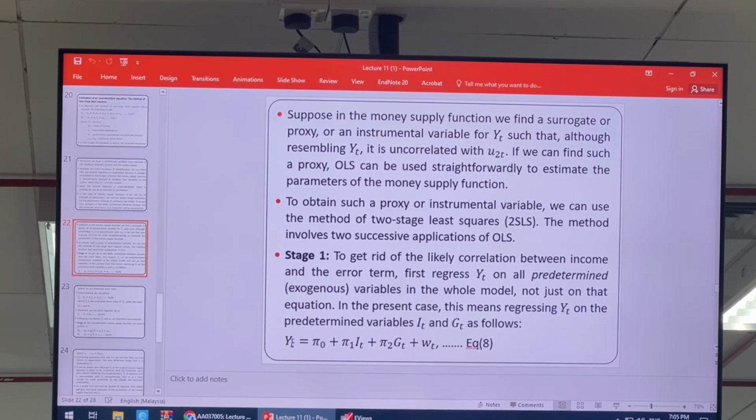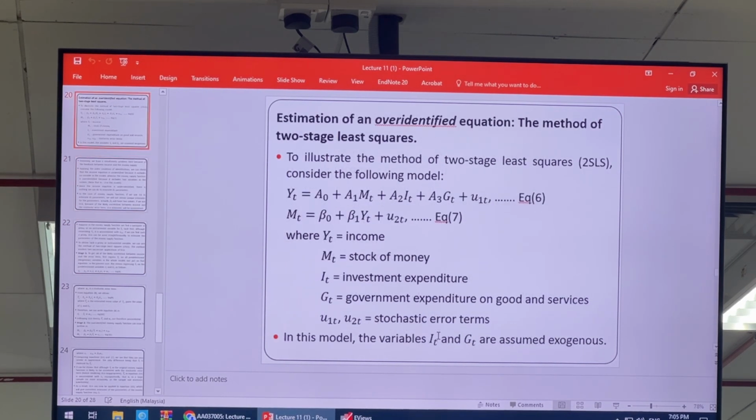Okay, because we cannot use y, we have to replace it. In the second equation, we have to replace y with something else. So that can be done by using y hat. Okay, because YT is correlated with the error term, we cannot directly use y, so we have to use the fitted value of y, because the fitted value of y is not correlated with the error term.